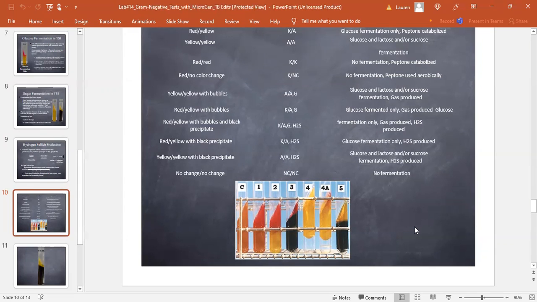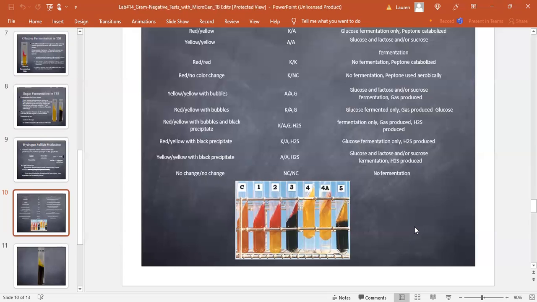So if I asked you what sugars were fermented, what would you say? Glucose. Good. And then what would the black butt tell you? So it has glucose. Does it mean it has another sugar as well?